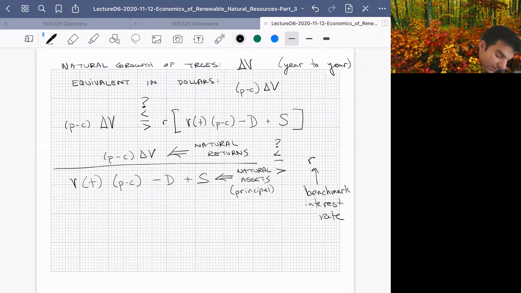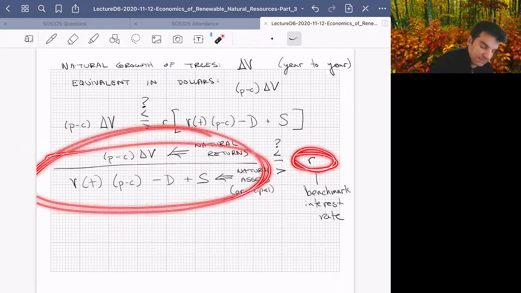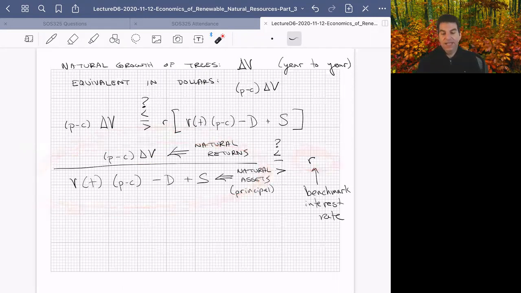And at the point where the delta V gets so small that the returns you get over here are less than the returns you'd get from a bank, then that tells you that it's time to cut.